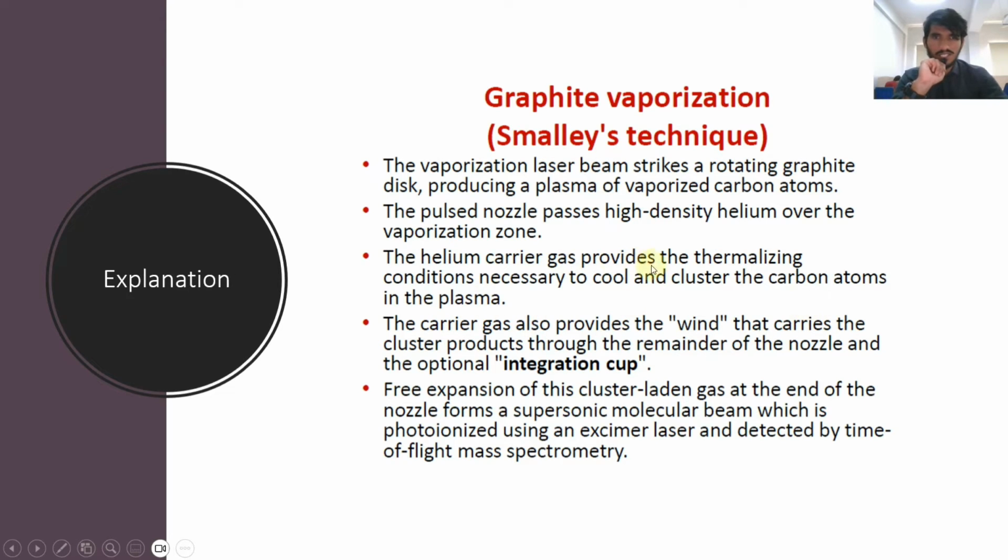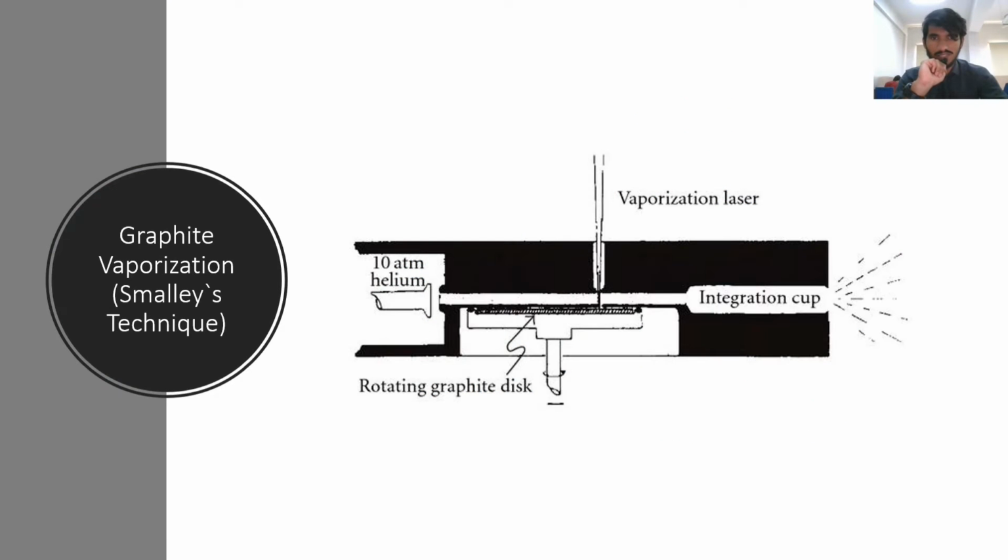The helium carrier gas provides the thermalizing condition necessary to cool and cluster the carbon atoms in the plasma. So why is helium gas required? Because helium is a carrier gas. It will carry the vapors of the carbon that form when the vaporization laser strikes this graphite rod.